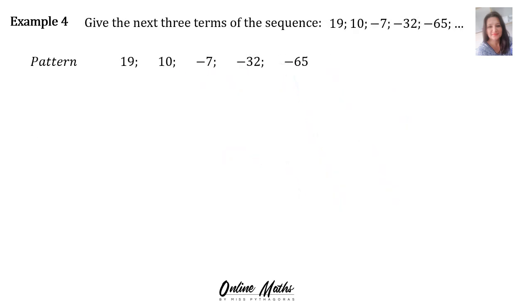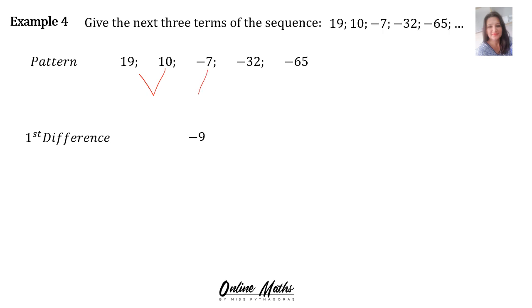Example 4. Give the next 3 terms of the sequence: 19, 10, minus 7, minus 32, minus 65. Then there's your pattern, and again we start with the first difference. 10 minus 19 is negative 9.